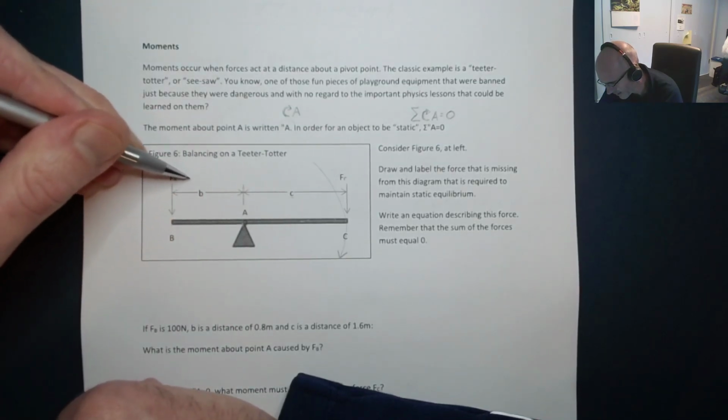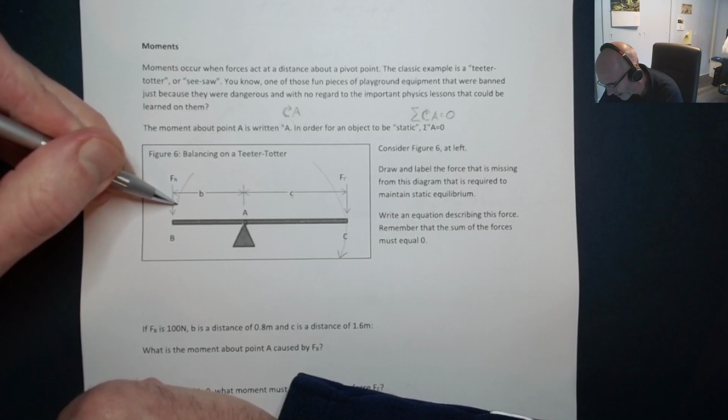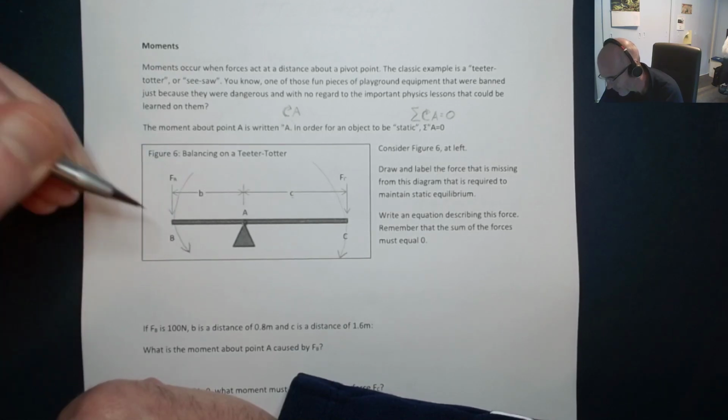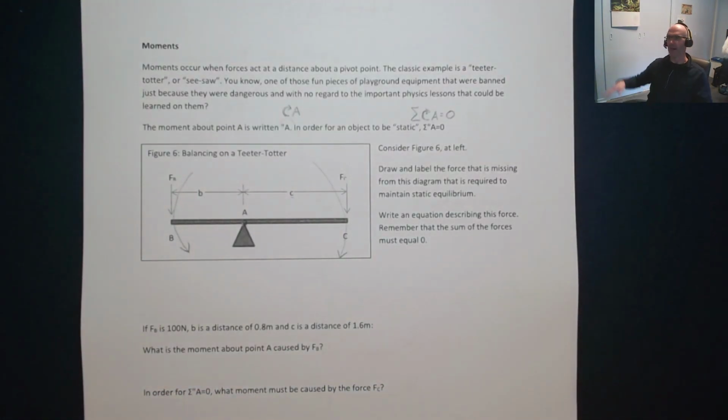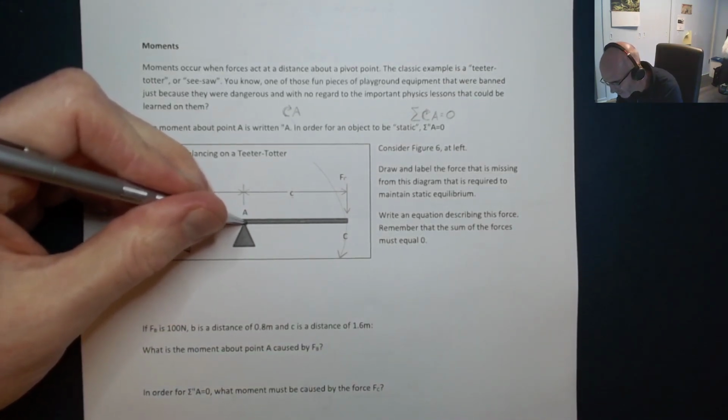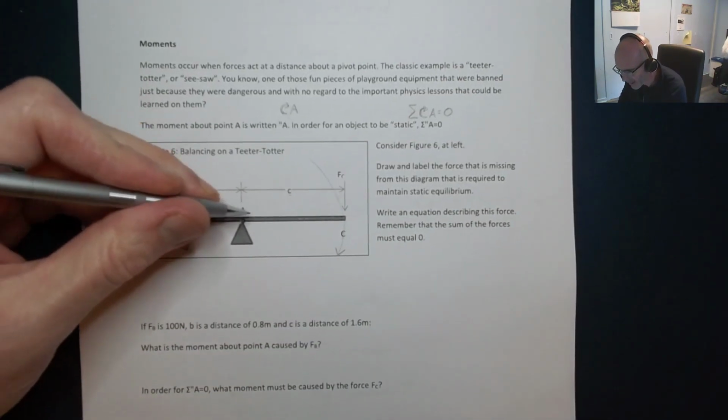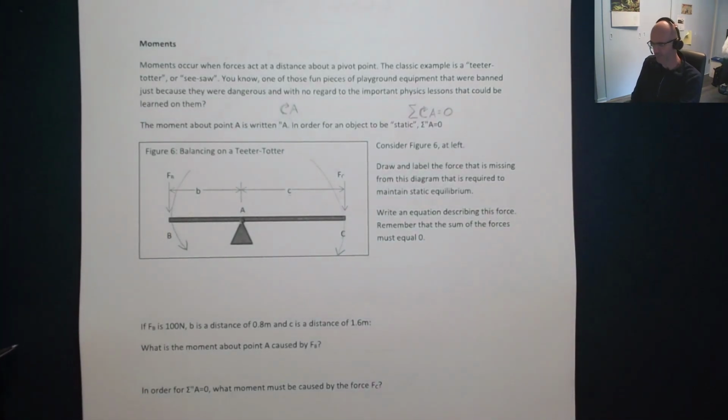Actually, that's probably the negative moment. We'll talk about that in just a moment. And a counteracting moment acting down that way. Now, obviously, in order for the teeter-totter to stay level, those two need to be balanced, or else one side's going to be going up and the other side's going to be going down. And it's all going to be spinning about our pivot point or our fulcrum at point A right here.